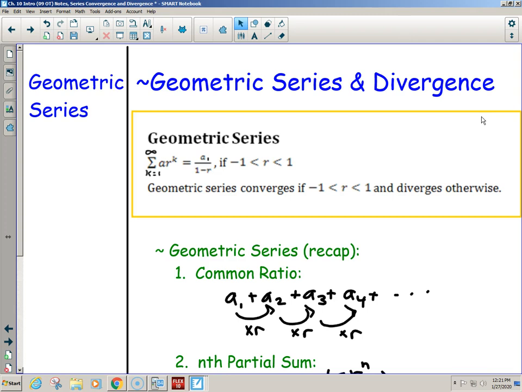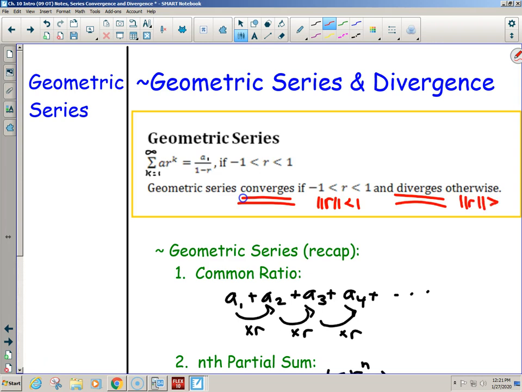This is one of the very few that you can actually determine not just whether it converges or whether it diverges, based on whether the magnitude of r is less than 1 or greater than or equal to 1, but you can also say what it converges to.